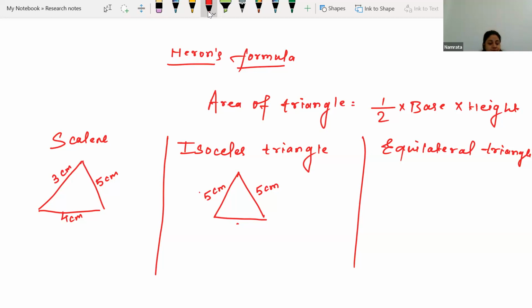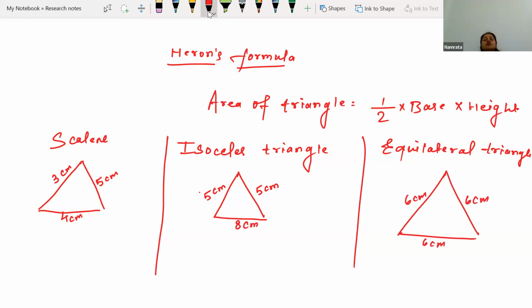Okay. Here we have 8 centimeter total. Even though it doesn't look like that, let's assume that the base is 8 centimeter. Now, the equilateral triangle, we can take the measurement like this: 6 centimeter, 6 centimeter, and 6 centimeter.